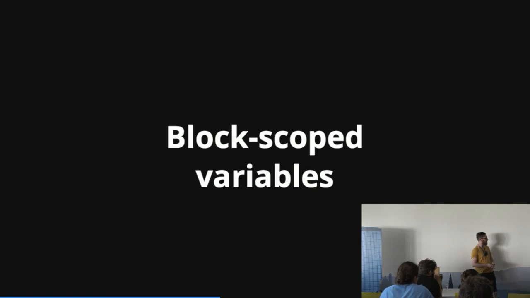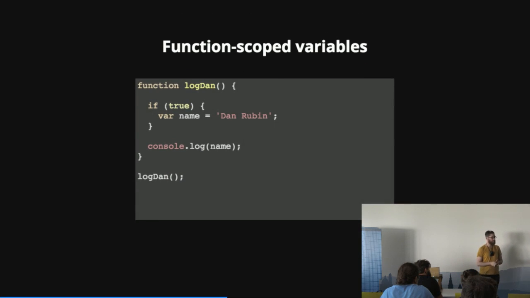First off, I will start with block scope variables. And this is my cue to drink something. So in ES 5.1, if you want to log Dan Rubin's name, you can do it like this. It's strange to do it like this, but you can do it, because var is function scoped, and not like in many other languages, it's not block scoped.